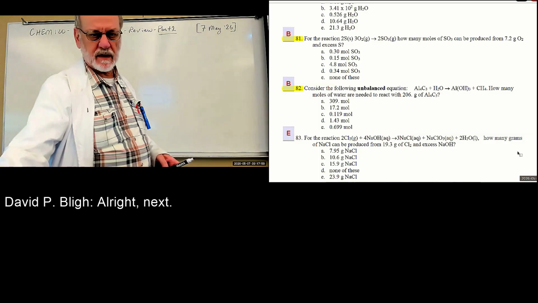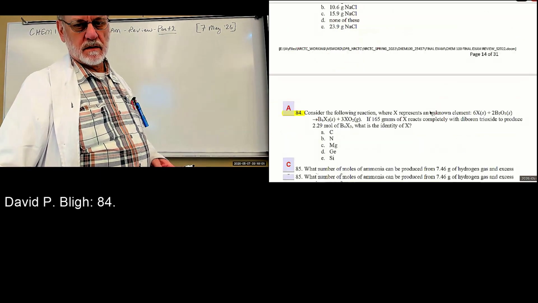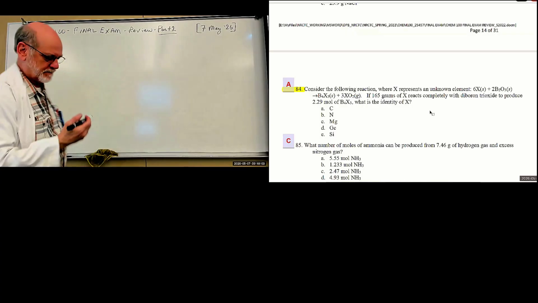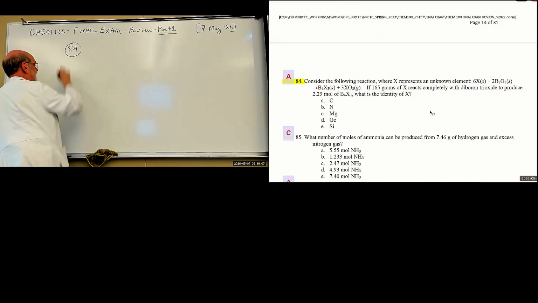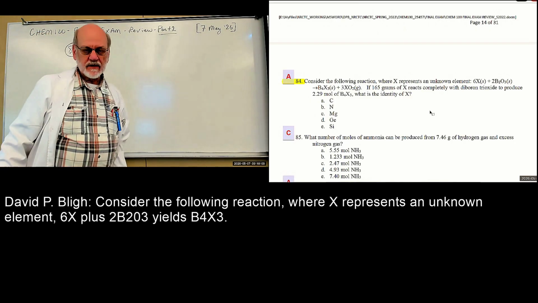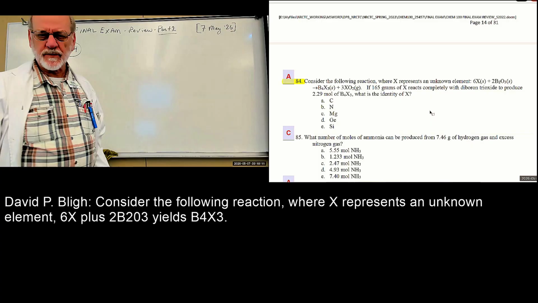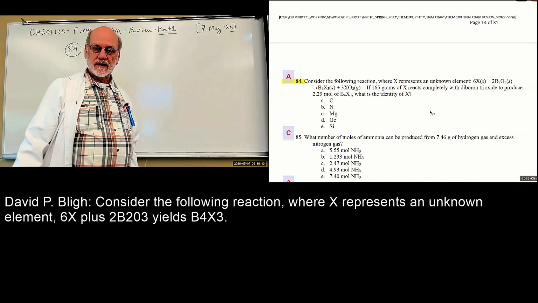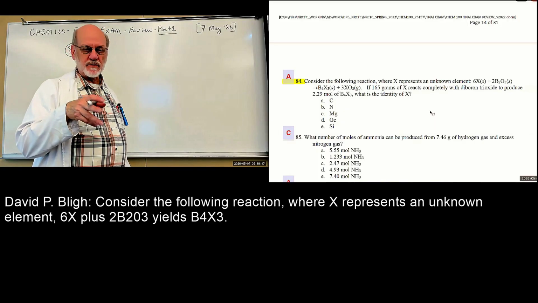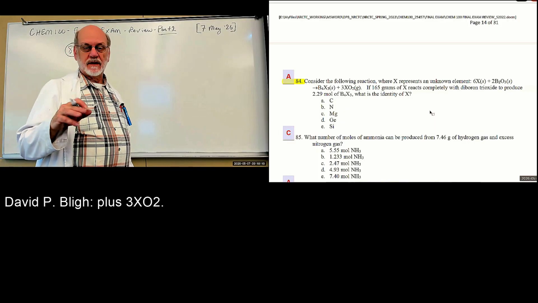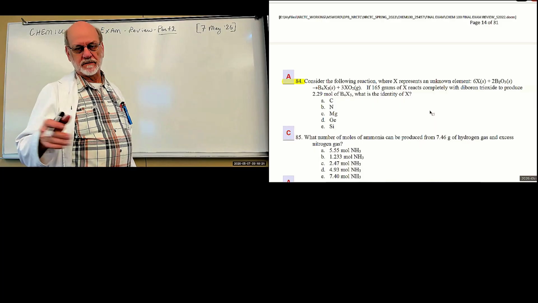All right, next, 84. Consider the following reaction where X represents an unknown element. 6X plus 2B2O3 yields B4X3 plus 3XO2.